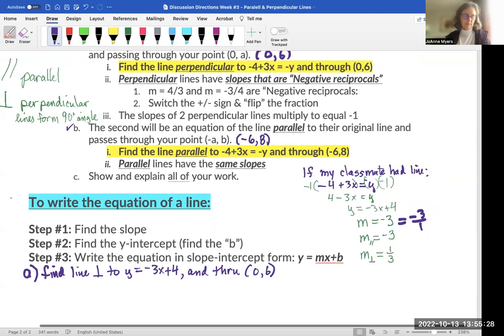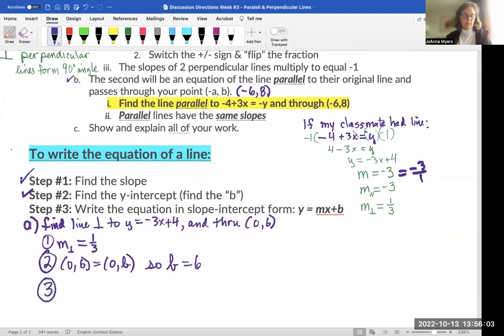Okay, well, step 1, the slope perpendicular is +1/3. Step number 2, the y-intercept, 0, b, well, I have 0, 6. Well, that would be my y-intercept because the y-intercept is 0, b. So my b equals 6.